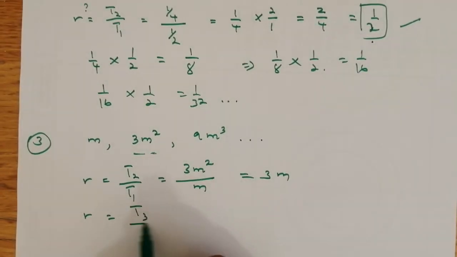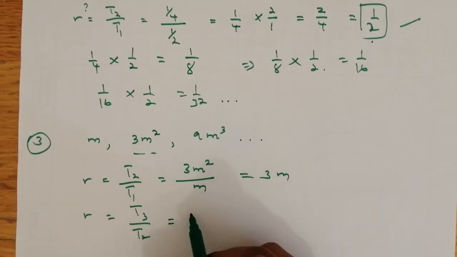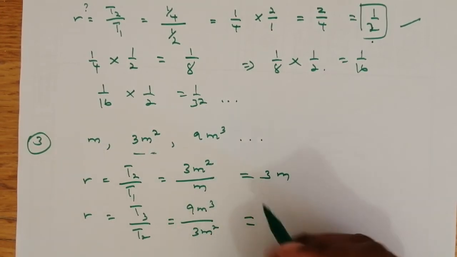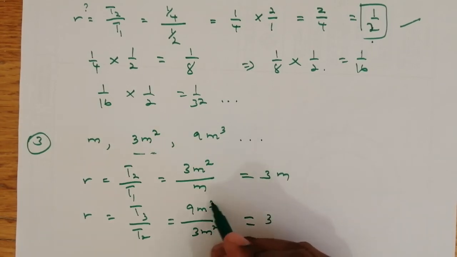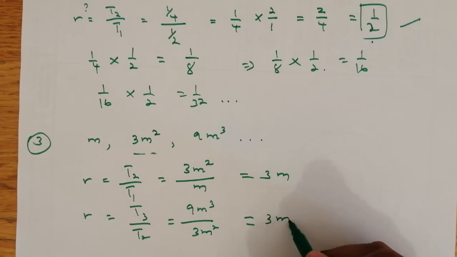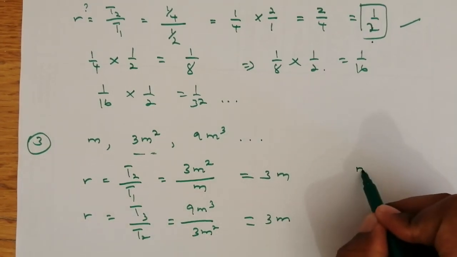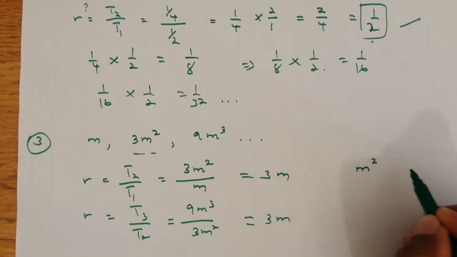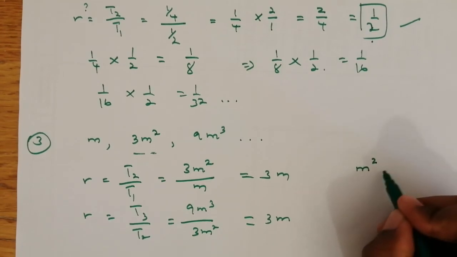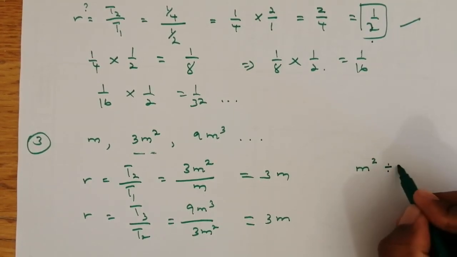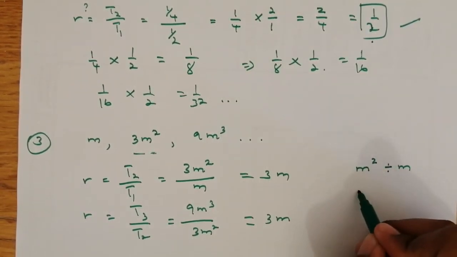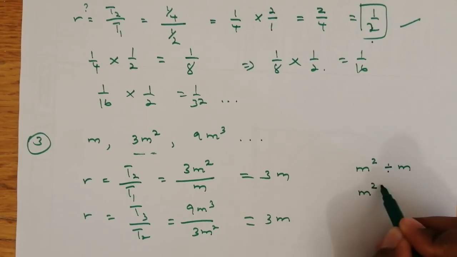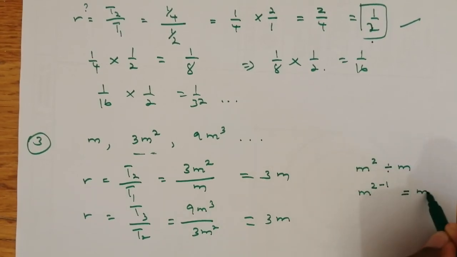T3 divided by t2, that is 9m cubed divided by 3m squared. So 9 divided by 3, that is 3, m cubed divided by m squared, that is m. Let me just put it here, guys. So it's m squared divided by m. So this is going to be m to the 2 minus 1, then that is m to the 1.